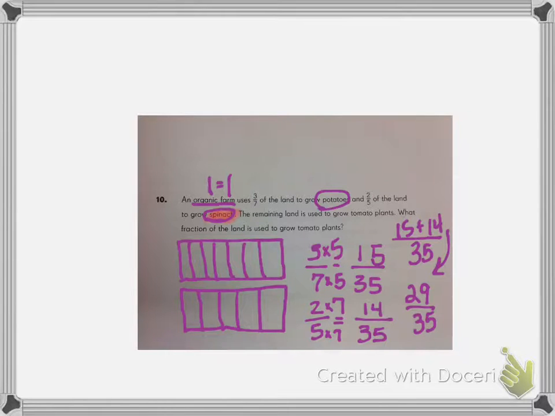I'm wanting to find out what remainder is left over to grow the tomatoes. So then I'm going to go ahead and take 29/35ths, and I'm going to subtract it from the 1 whole.